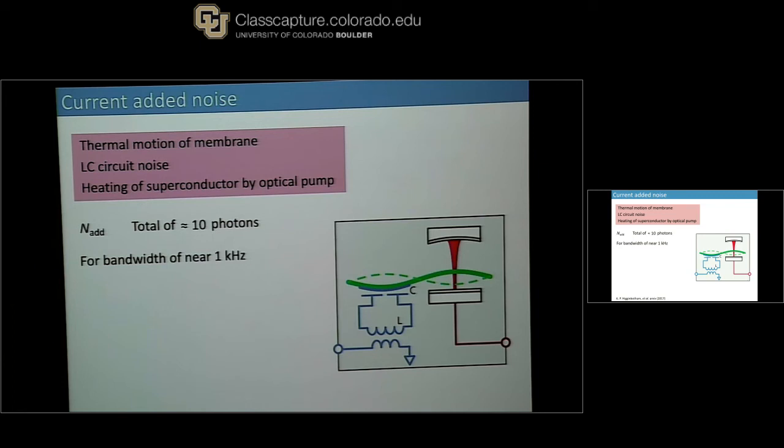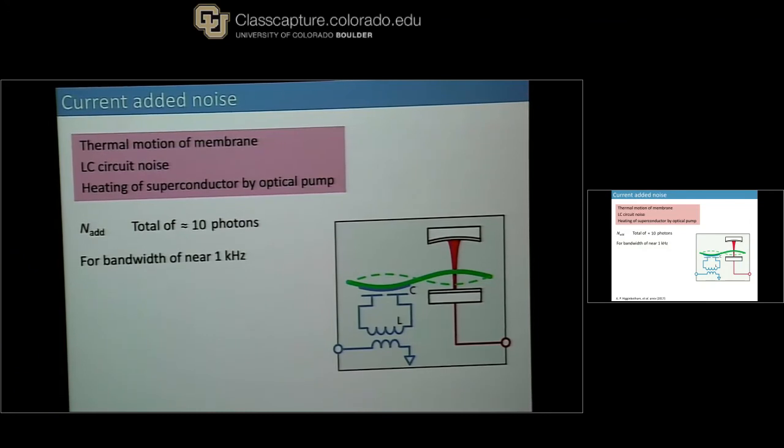For the current devices, we're pretty excited that we're getting closer to a domain where we think that added noise can be small. So we're at a level of approximately 10 photons of added noise. And that's in comparison to the thousands we had a bit ago, and this is for a bandwidth of near kilohertz. But 10 is clearly not good enough, and so what is limiting this system?